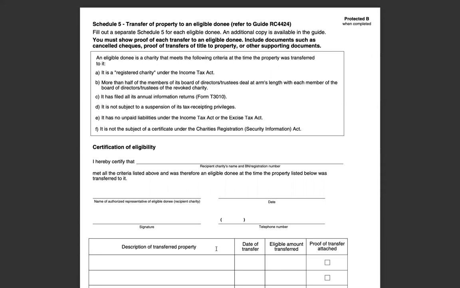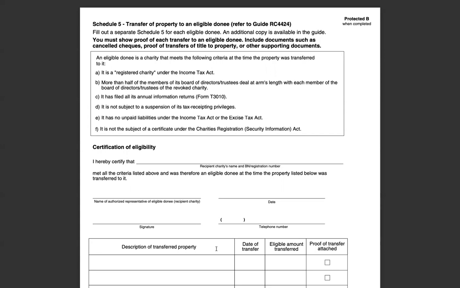An eligible donee is a charity that meets the following criteria at the time that the property was transferred. Number 1, it is a registered charity under the Income Tax Act. Number 2, more than half of the members of its board of directors or trustees deal at arm's length with each member of the board of directors.